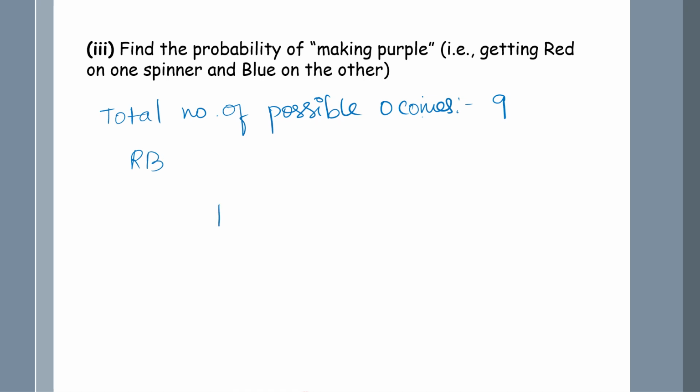So the probability of making purple is 1 by 9. That is, the probability of winning the game is the same as the probability of making purple, which is 1 by 9.